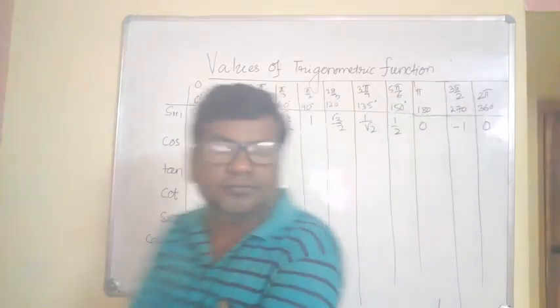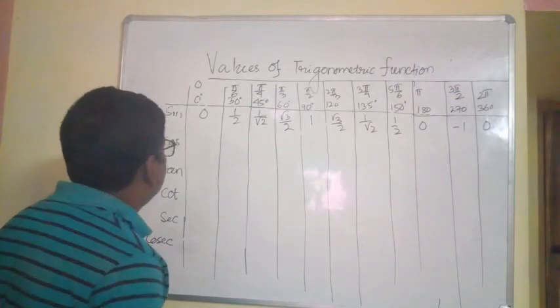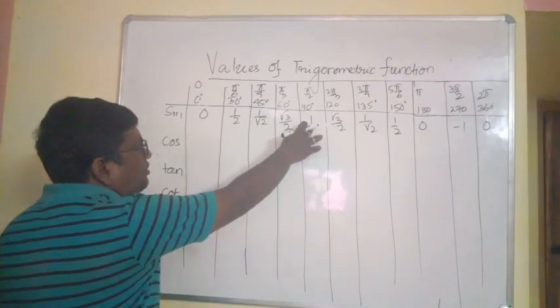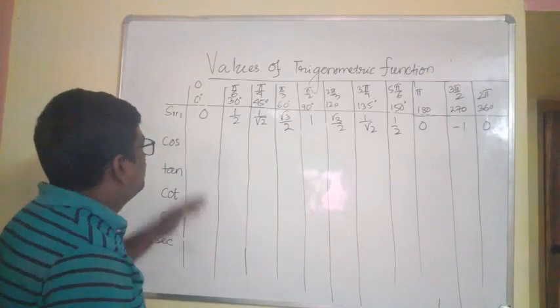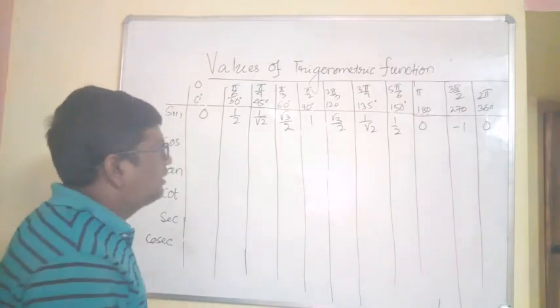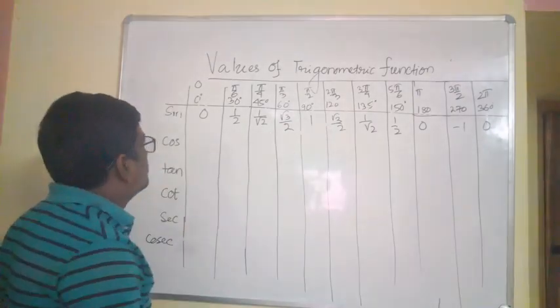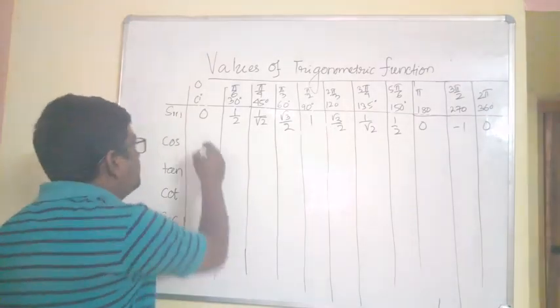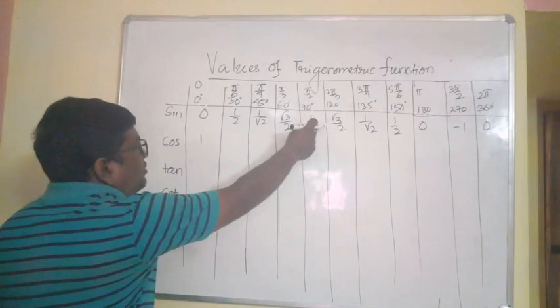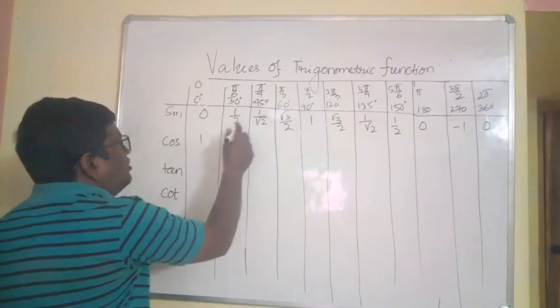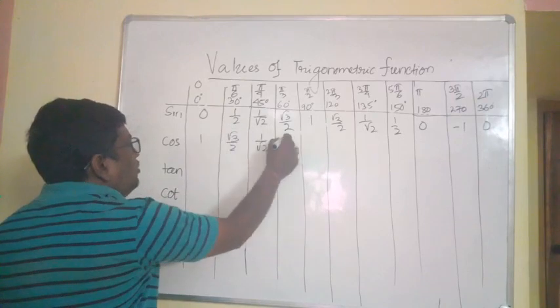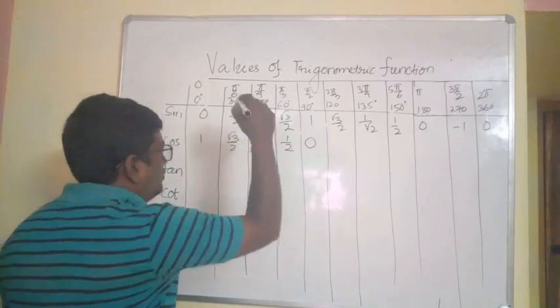Then cos 0. This is allied angle, 0 and 90 are allied angles, so sine 90 is equal to cos 0, that is 1. Write this, and this root 3 by 2 and 1 by root 2 and 1 by 2, then 0.